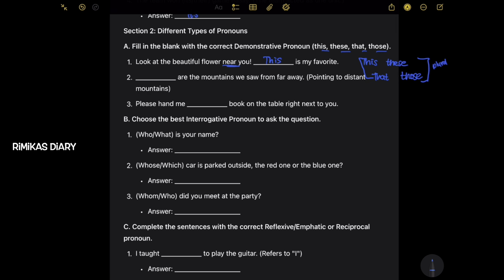These two come for singular form. So here it's near you and it's a singular noun since it just said flower. So you have to write this. Dash are the mountains we saw from far away, pointing to distant mountains. So those is the answer. Please hand me dash book on the table right next to you. So that.